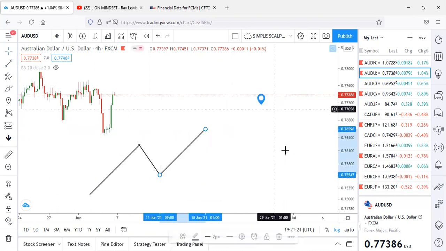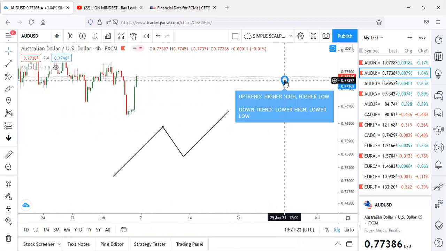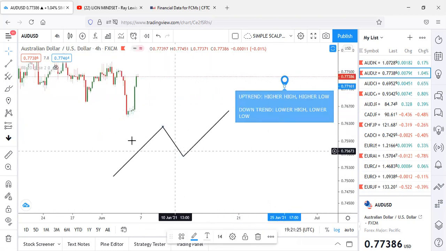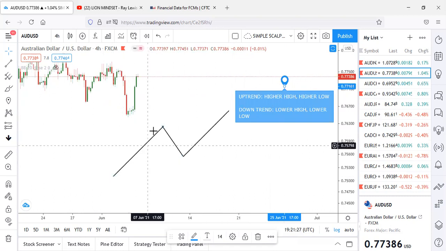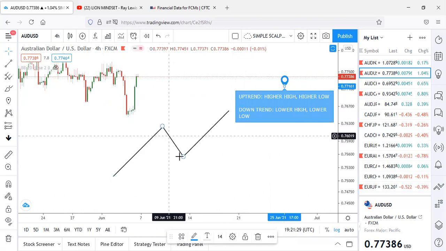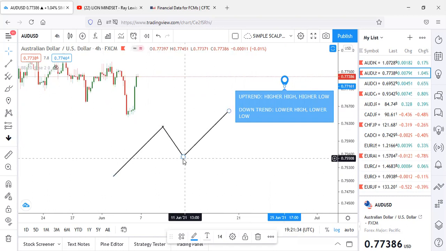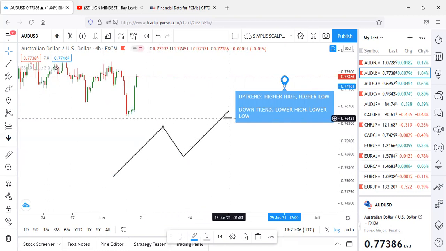So in any market condition or any market cycle, this is what you see first. A move up, a retracement, sometimes called a pullback, and another move to the upside.